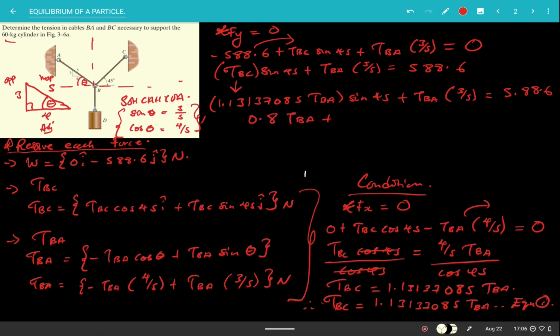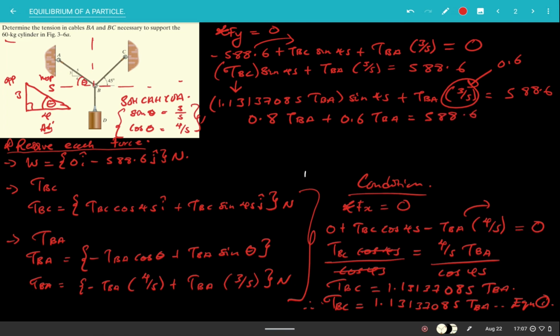TBA plus, now I'm having 3 over 5. Now 3 over 5 is basically the same as 0.6, so I can say plus 0.6 TBA, and this should equal 588.6. Yeah, sorry about that glitch.